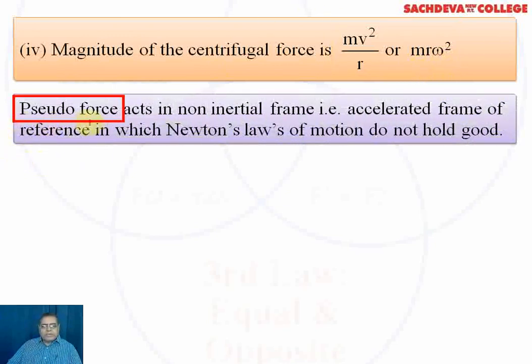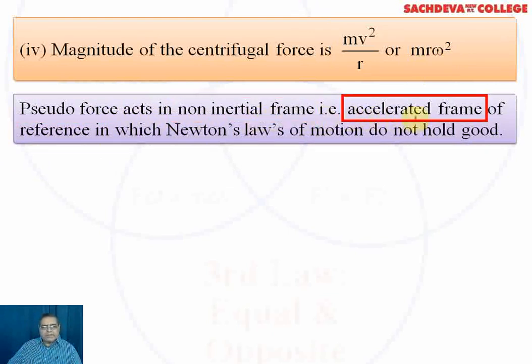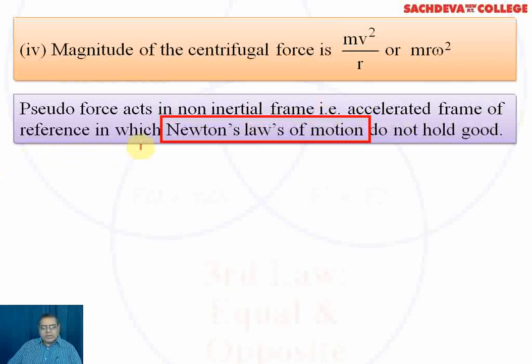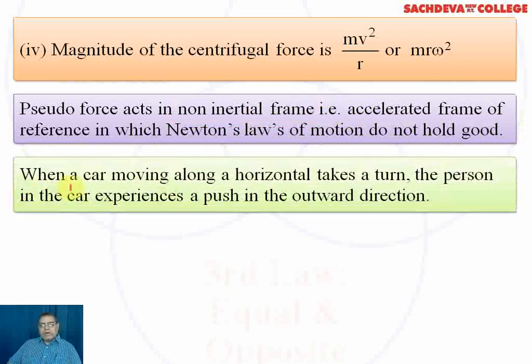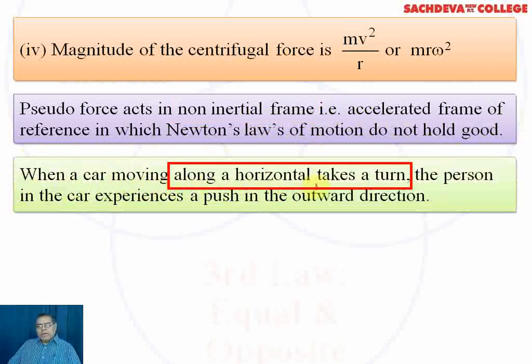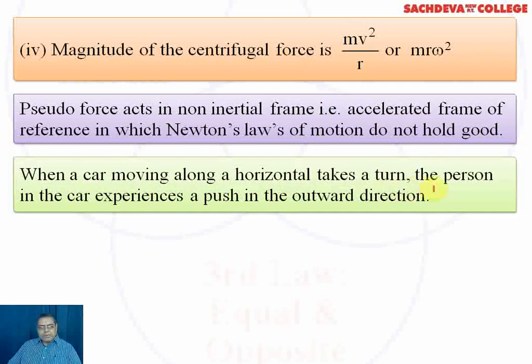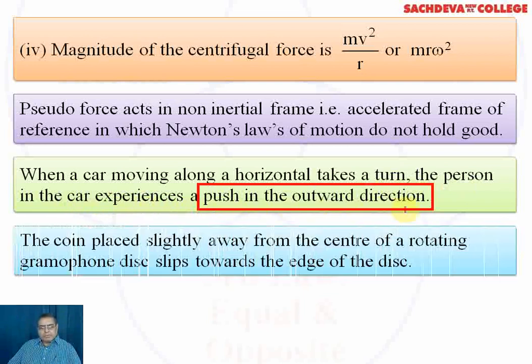The pseudo force acts in a non-inertial frame, that is an accelerated frame of reference, in which Newton's laws of motion do not hold good. When a car moving along the horizontal takes a turn, the person in the car experiences a push in the outward direction.